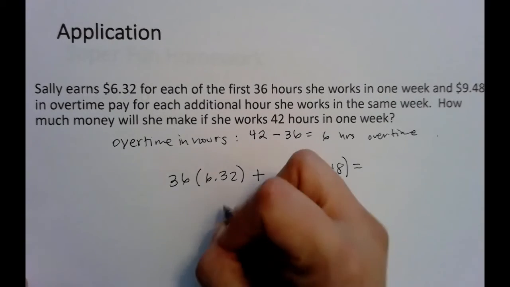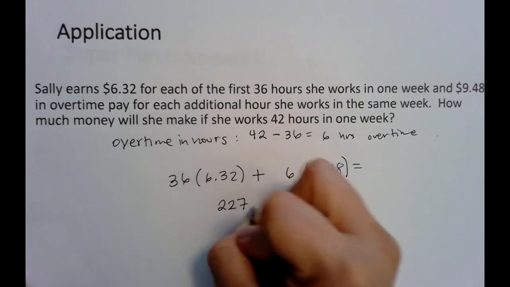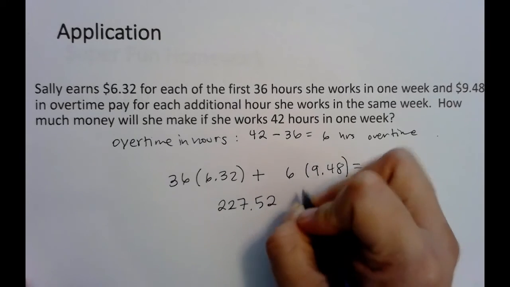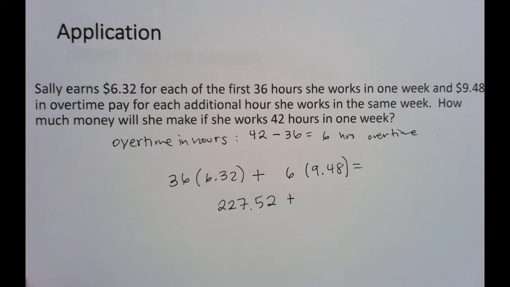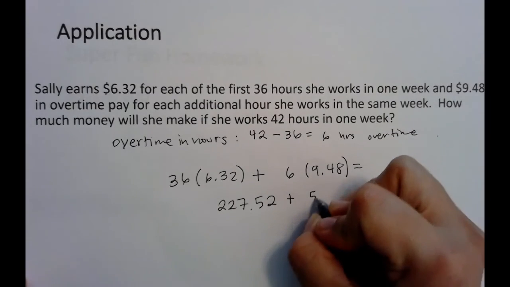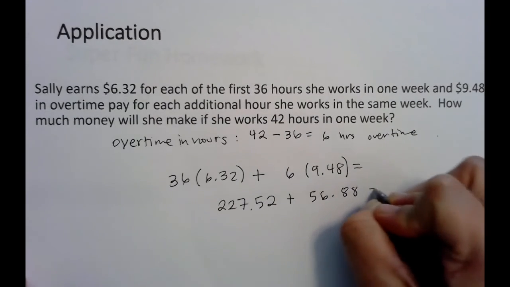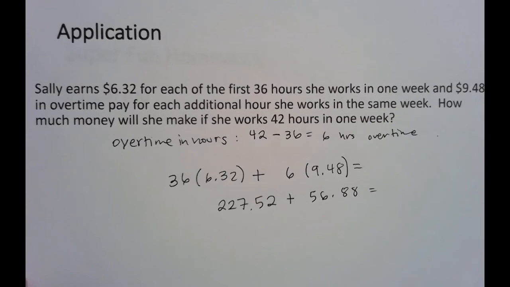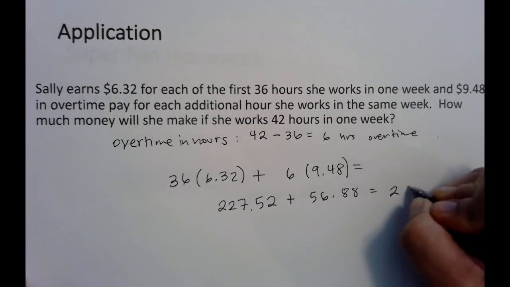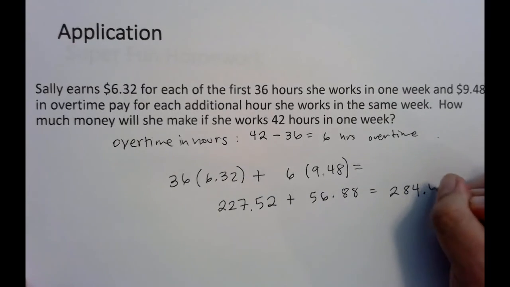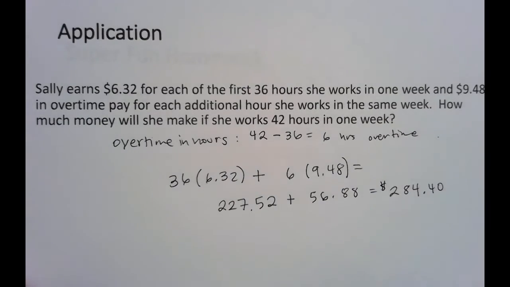So I'll let you guys work that out. That ends up being 227.52, and then 6 times 9.48, that's 56.88, and let's add them together, and that's 284.40 since this is dollars. Okay.